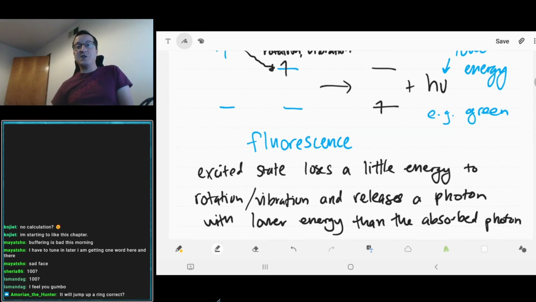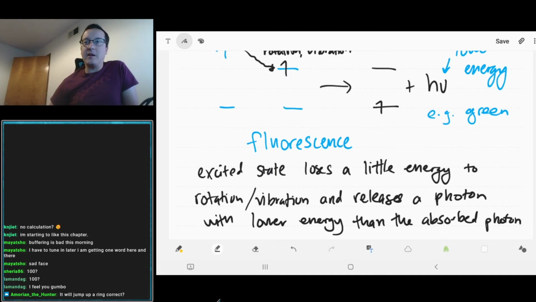So remember, to get into an excited state, we have to absorb a photon. We have to get that light wave in, right? When we do this fluorescence thing, we can lose a little bit to rotation or vibration, and then we spit out a different photon that has a lower energy than the one that we absorbed.